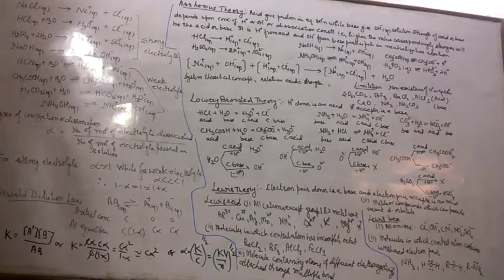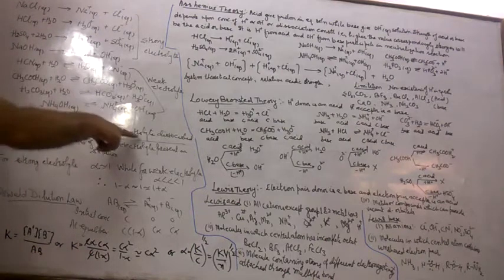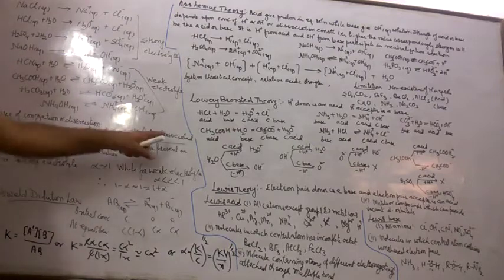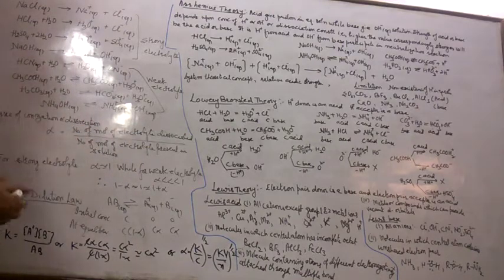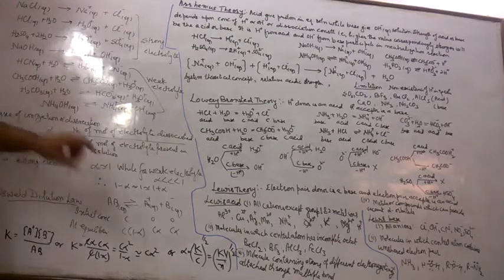We can also express this in another way on the basis of degree of ionization or degree of dissociation. What does it mean? It is the ratio of the number of moles of electrolyte dissociated to the total number of moles of electrolyte present in the solution. Now in this case, if I take 1 mole and 0.98 mole or 0.97 mole is ionized, alpha is approximately 1.